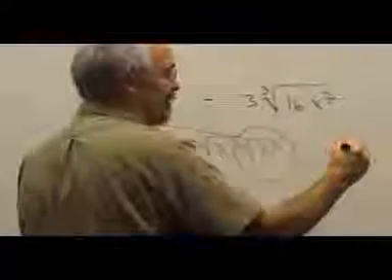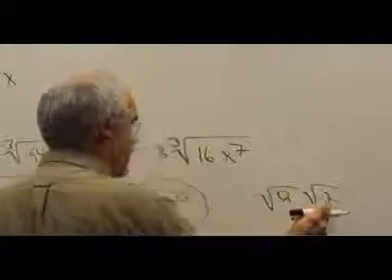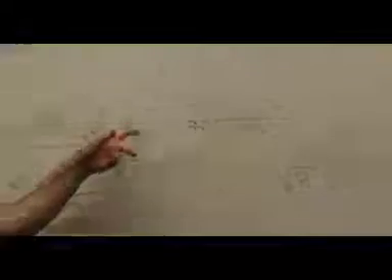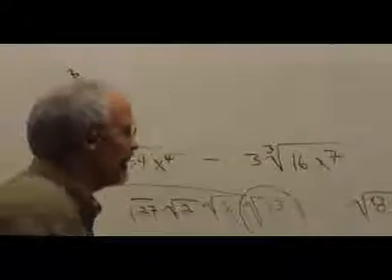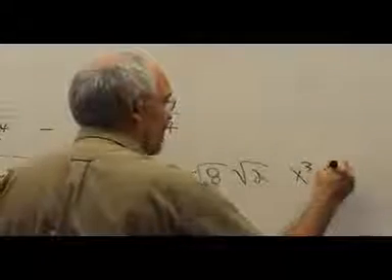Okay, yeah. Now, let me go over here and work on this one. Think about breaking it up. This is square root of 8 times the square root of 2. Why? Well, I want that 2, because I think I'm going to be able to add them together if I can get them to match, or at least subtract them from each other. To me, addition and subtraction are the same thing. Then this is also x cubed times x over here, right?